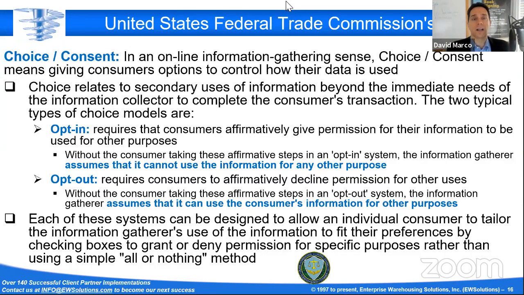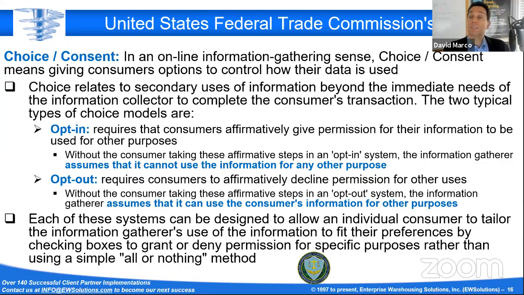In an online world, choice and consent means giving consumers options to control how their data is being used. Choice relates to secondary uses of information beyond the immediate needs. So the classic examples that I'm sure we all know about: opt in, opt out. In opt in, the customer must take affirmative steps.